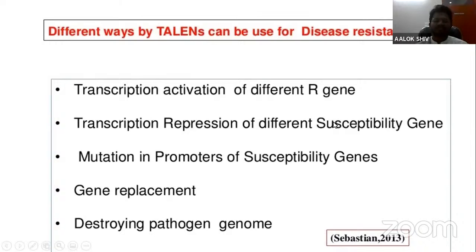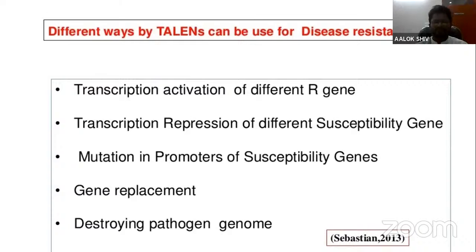Susceptibility genes are those genes which are responsible for the susceptibility of the plant to a particular disease. With the help of Talon, we can repress or knock out those genes. Then mutation of the promoter of susceptibility genes, so that we are going to get the disease resistant plant.